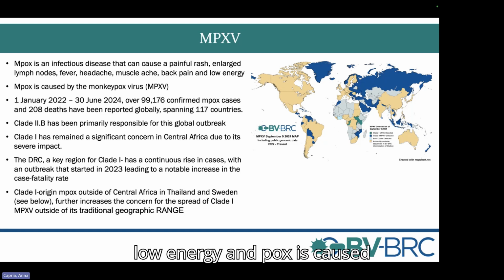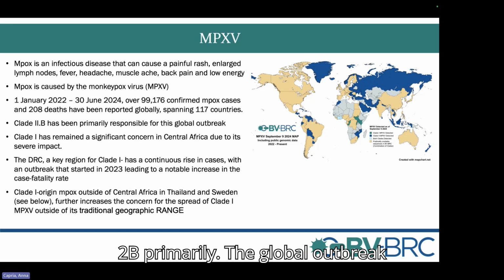Mpox is caused by monkeypox virus. From January 1st, 2022 to June 30th, 2024, over 99,000 mpox cases have been confirmed, and there are 208 deaths globally, over 111 countries.